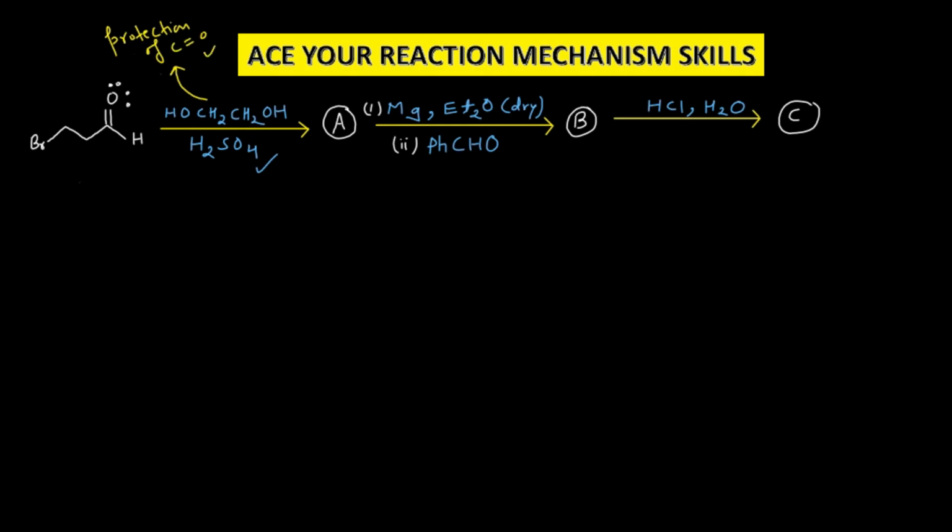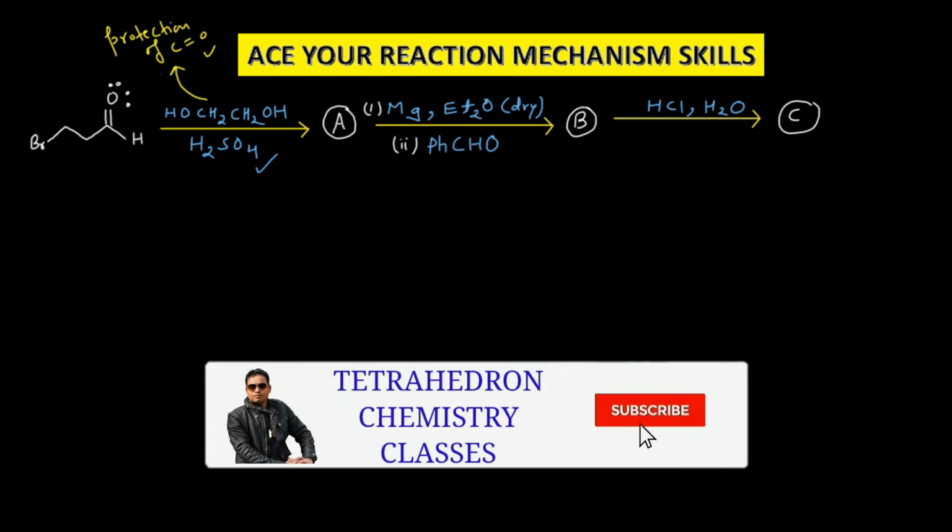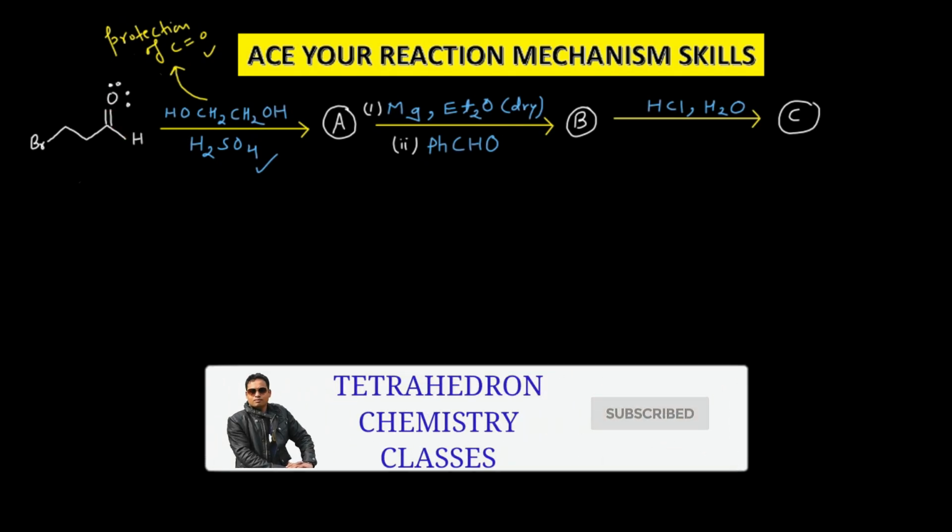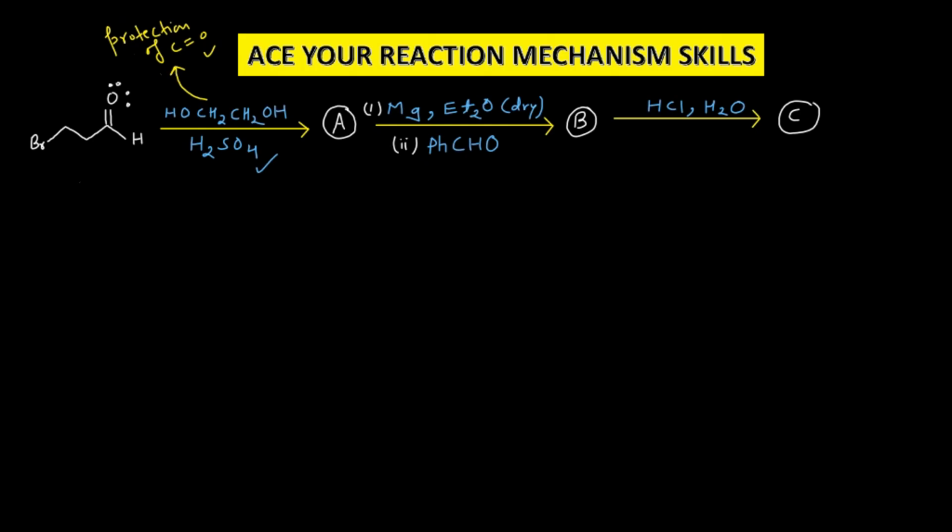Please remember, it simply means that we will protect this carbonyl group from the attack of the reagent which we will use in the second step. And it simply indicates that after the completion of the reaction, in the product C, this group will be reproduced. This thing you should know, and we are doing this reaction in presence of acid.